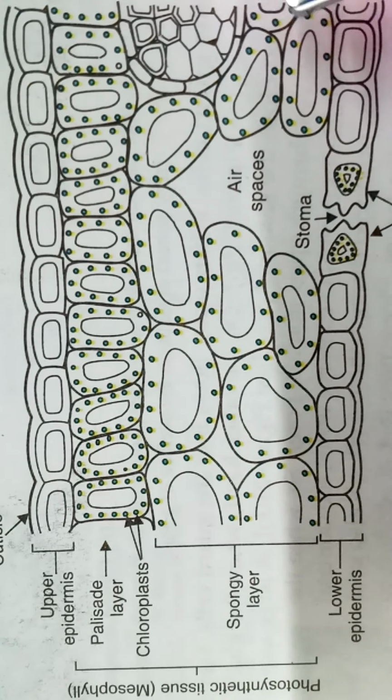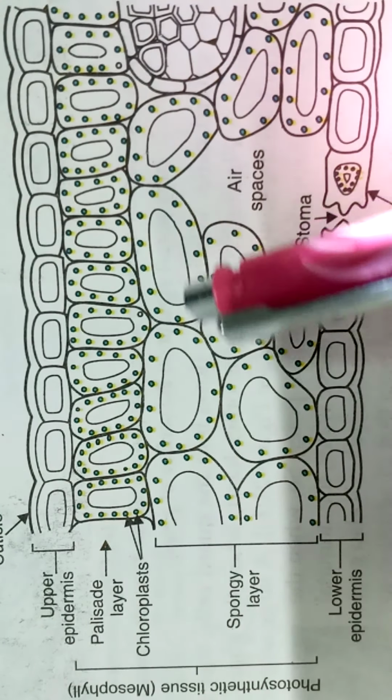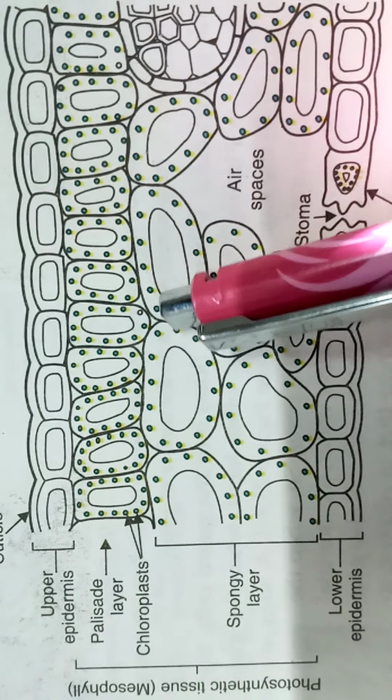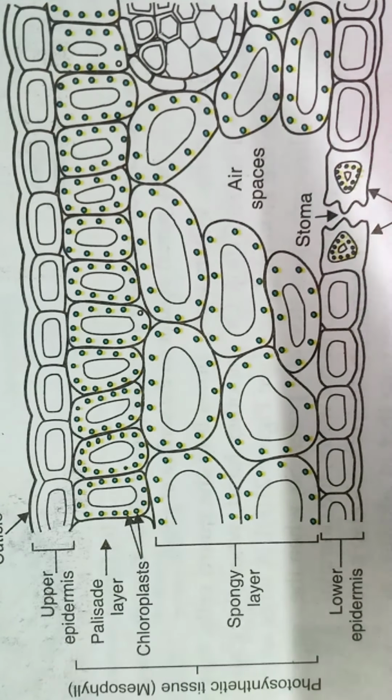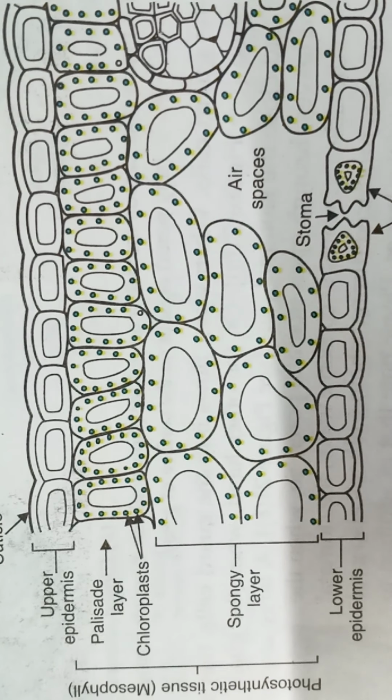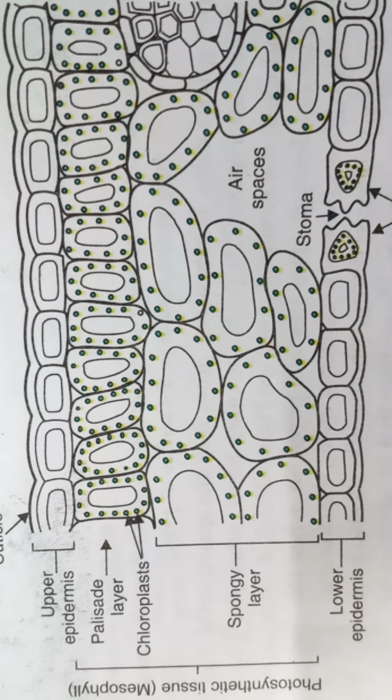To show chloroplasts in it, these small circles are actually green circles. See, these small green circles are the chloroplasts in the leaf, and we know that the site of photosynthesis in a cell of the leaf is the chloroplasts. So chloroplasts can be seen easily by using a light microscope.